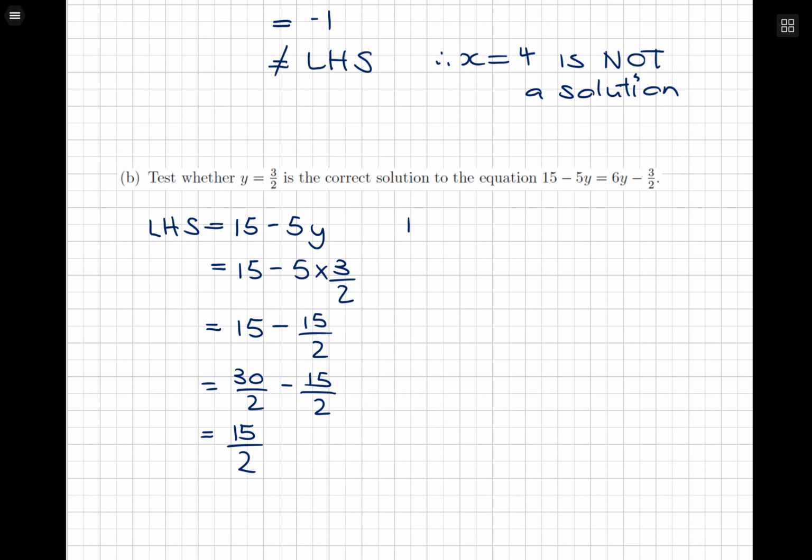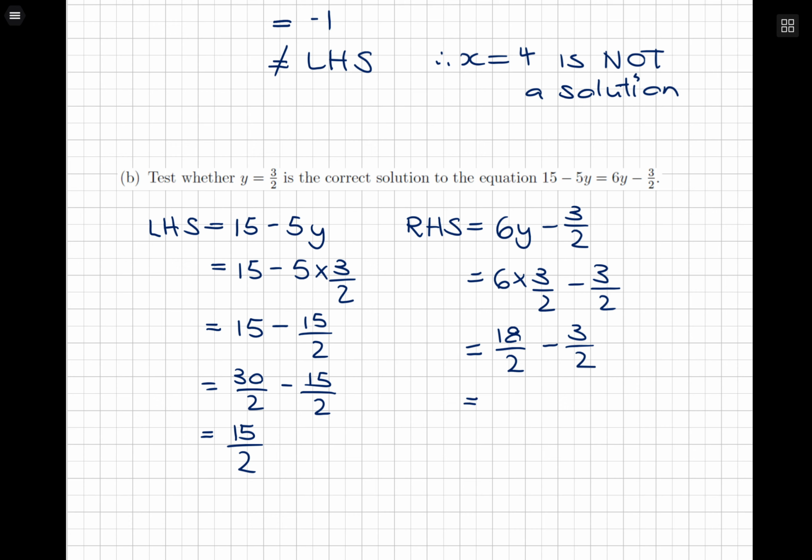Okay, can't directly compare that with the right-hand side yet. Let's now do some work on the right-hand side. Right-hand side equals, as it's written, 6y minus 3/2. Then putting the substitution in, 6 times 3/2 minus 3/2. Multiplying our numerators, we've got 18/2 minus 3/2, and that gives us 15/2.